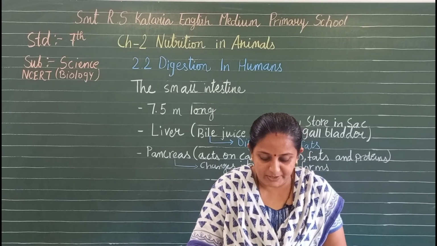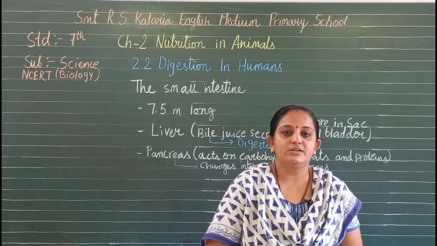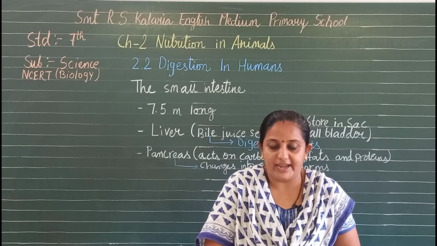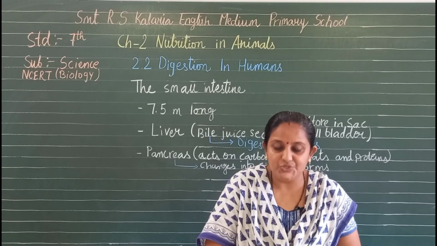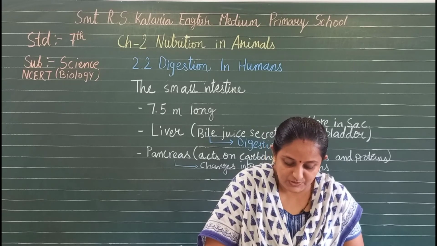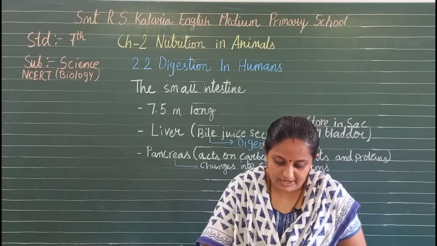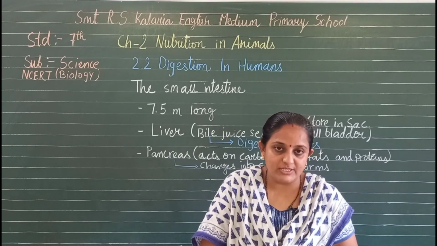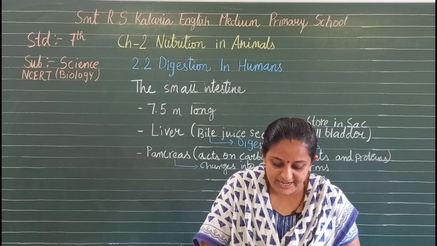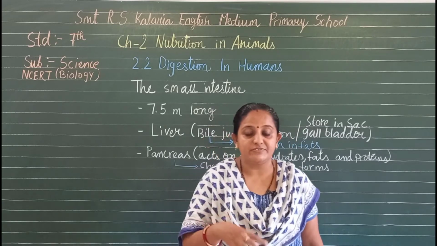The carbohydrates get broken down into simpler substances such as glucose, fats into fatty acids and glycerol, and proteins into amino acids. So the partially digested food reaches the lower part of the small intestine where this activity happens.